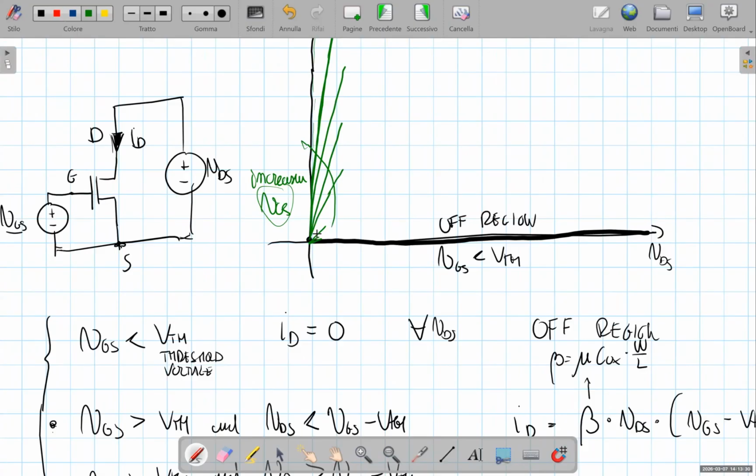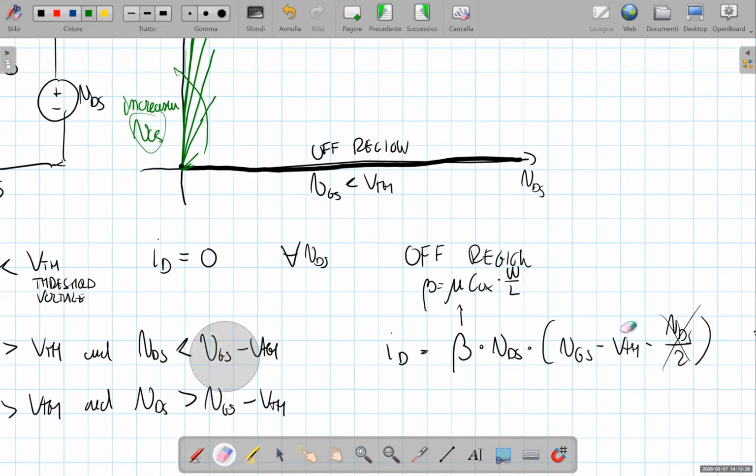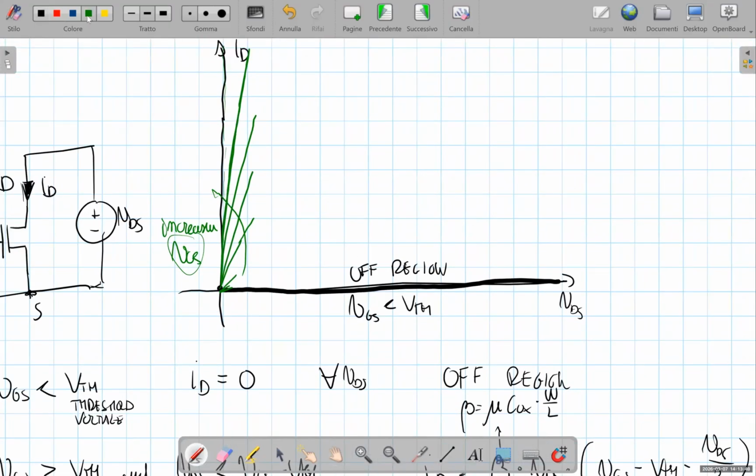It happens that the minus VDS over 2 term in the expression of the current is no longer negligible, and so the overall behavior of the current is parabolic. So basically, these characteristics tend to bend in a parabolic way. So actually, we would have the equation of a parabolic curve.